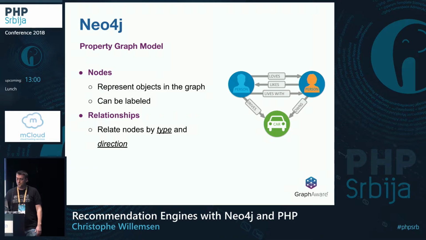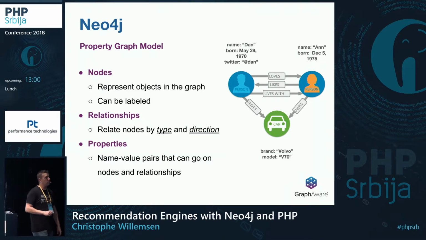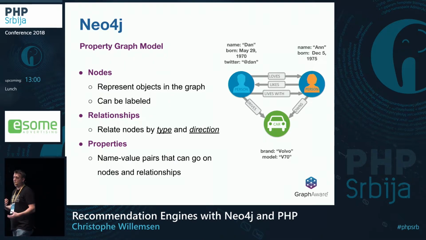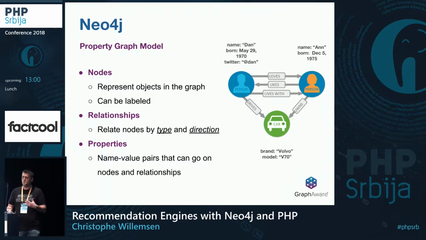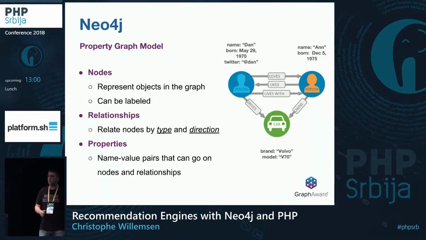And the very cool thing is that relationships and nodes can both have properties. So you can add weights to the relationships very easily. The properties are key value pairs that you add on nodes and relationships. One very important thing is that Neo4j is a schemaless database.